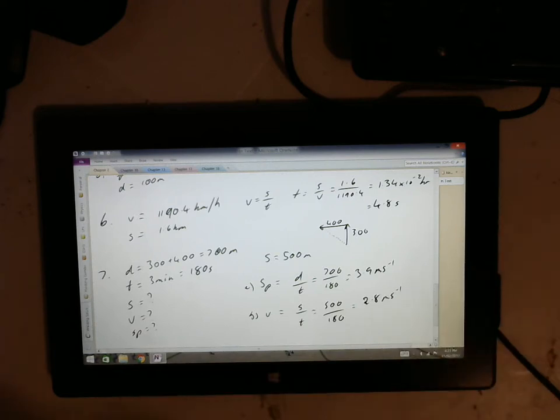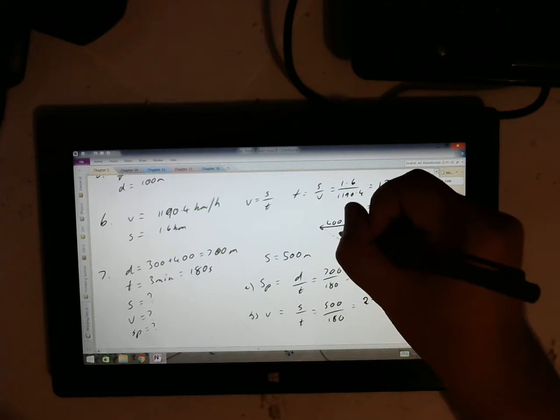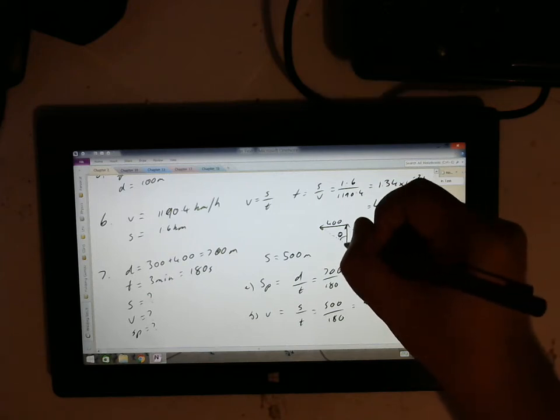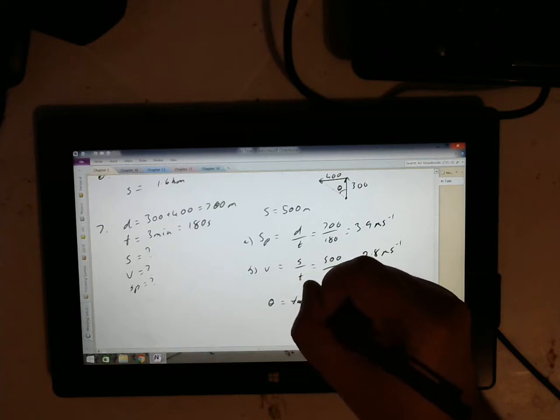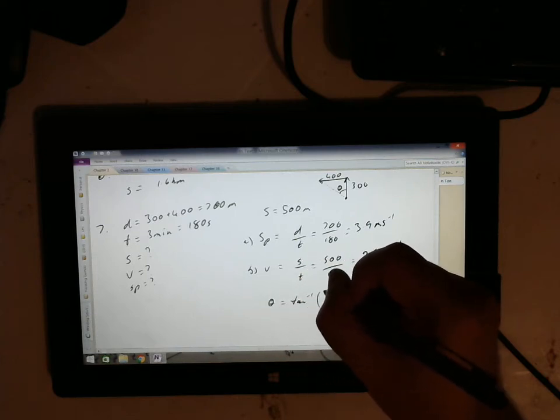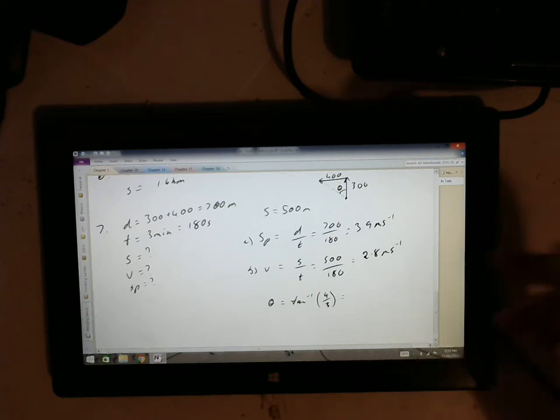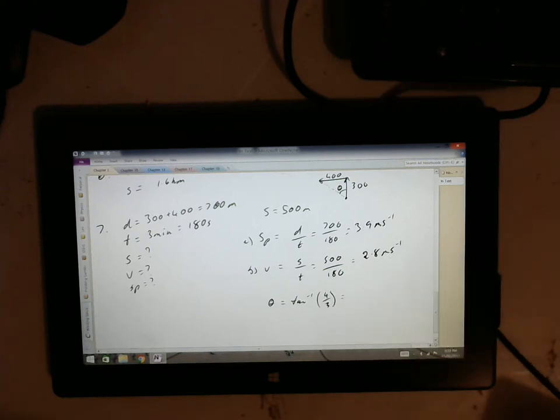We should probably get a direction as well. Does it actually care about it? It does. So we need to know this angle, because that's where we started. So theta is going to equal arctan of 4 over 3. Again, I am really shortening the math a little bit there.